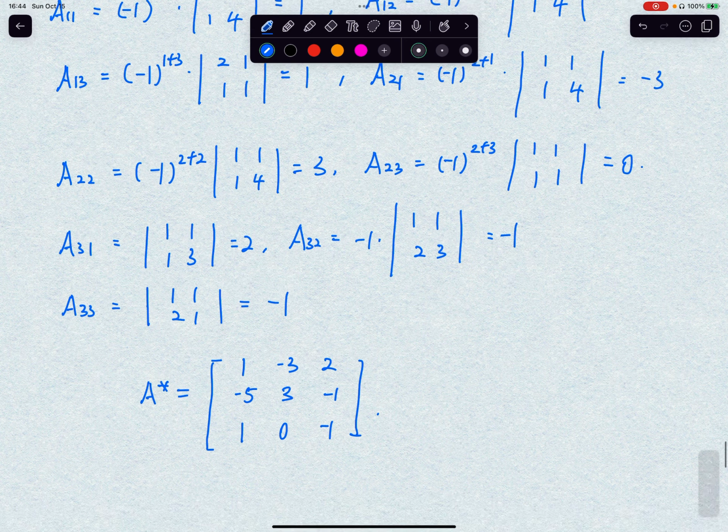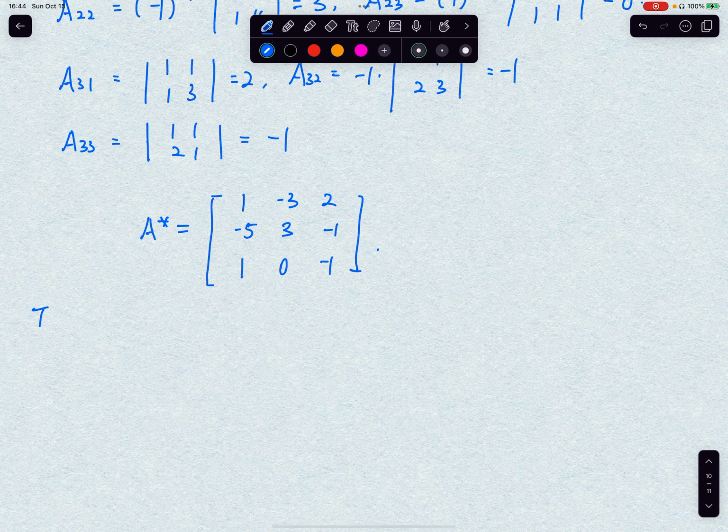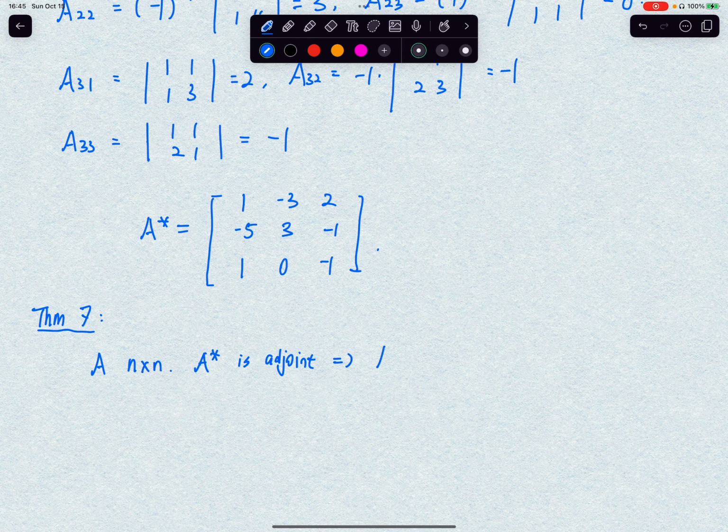And now let us state some results without proof. The first result is that if A is an n by n matrix and A star is its adjoint, then A times A star equals the determinant of A times In.